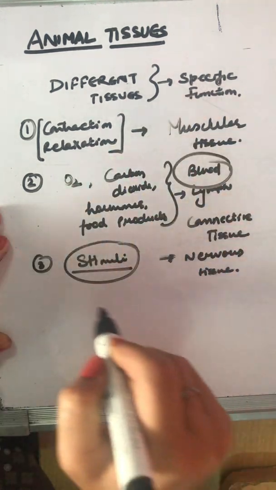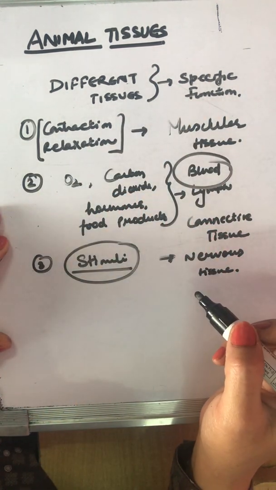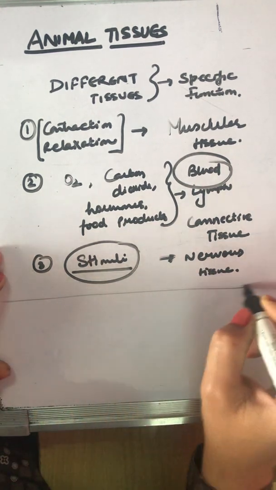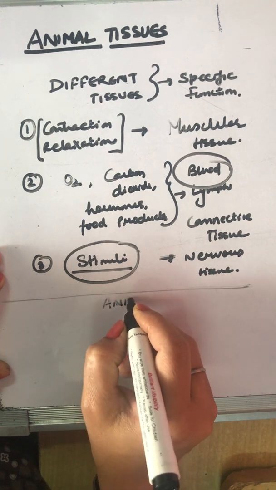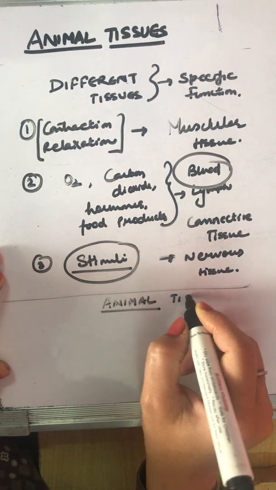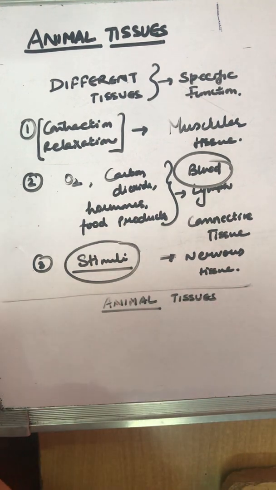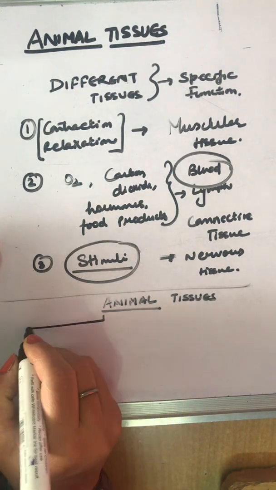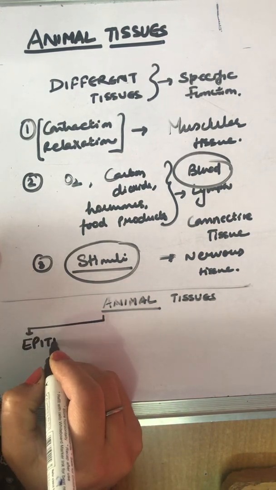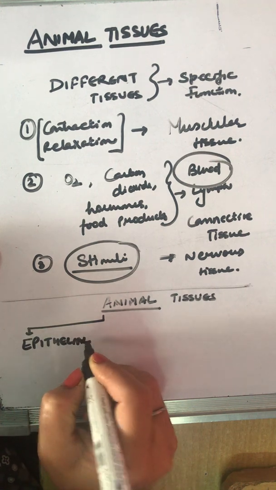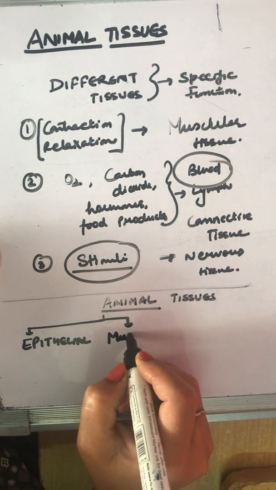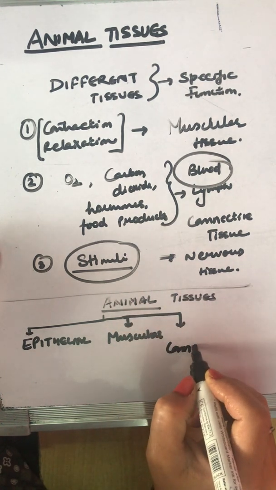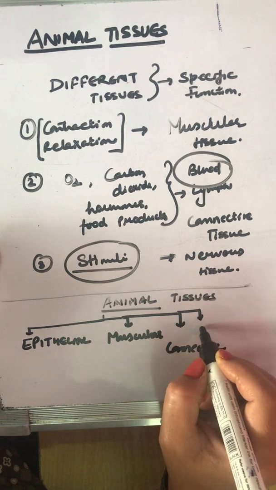On the basis of what they perform and how they perform their functions, animal tissues are broadly classified into epithelial tissue, muscular tissue, connective tissue, and the fourth one, nervous tissue.